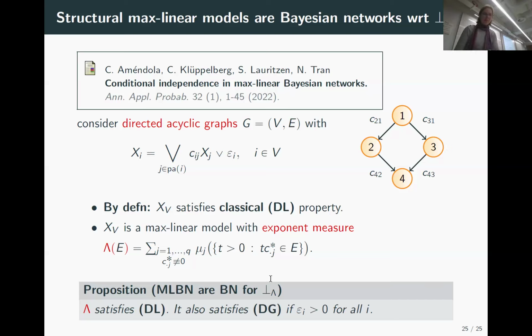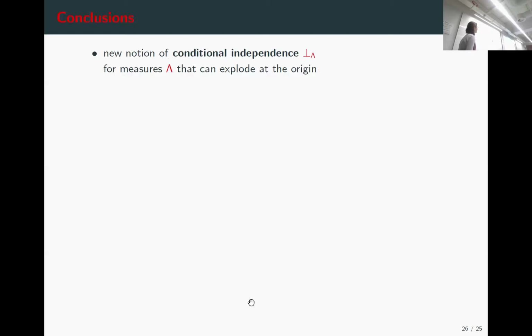And so I'd like to come to the end of my talk and give you some conclusions. We have found this new notion of conditional independence that summarizes what's happening in two streams of research, and it seems to be compatible with both of them.